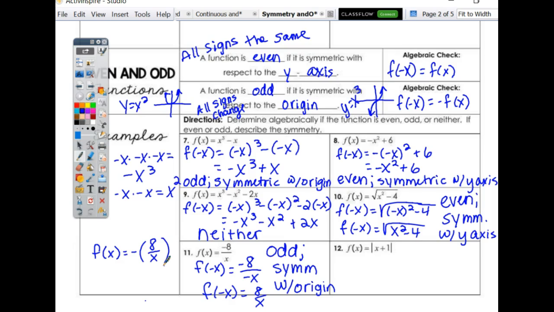Okay, so before I start the last one, I want to ask you this question. If I want the absolute value of negative 5, what do I get? 5. If I want the absolute value of negative 5 plus 1, what do I get? I get 4. So when you did that, Ruben, did you take negative 5 plus 1, or did you do positive 5 plus 1?